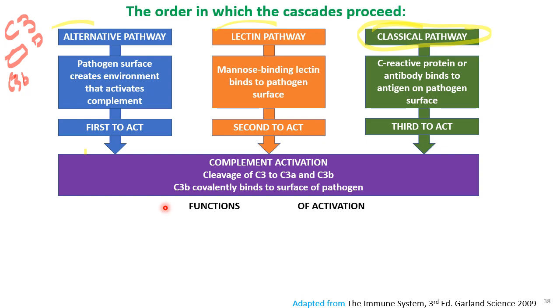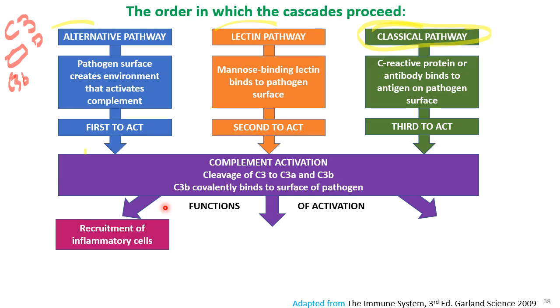And then what is C3 going to do? C3 is going to cause a cascade that is going to recruit inflammatory cells. So C3b gets stuck to the membrane, C3a floats away, but this guy is a very strong chemoattractant of inflammatory cells.